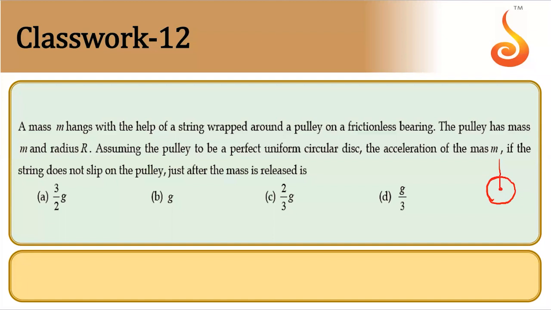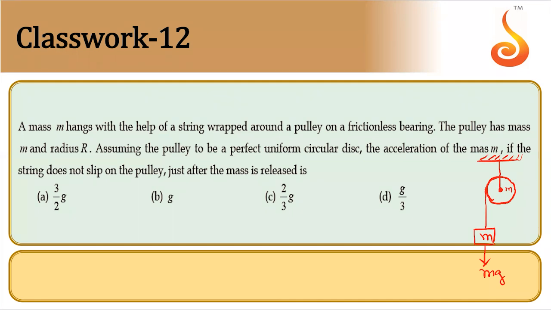You can assume it to be a uniform disc. The mass of the pulley is m. Now from here another mass is suspended. Its mass is also m. So its weight acts downwards. You need to find the acceleration of mass m.